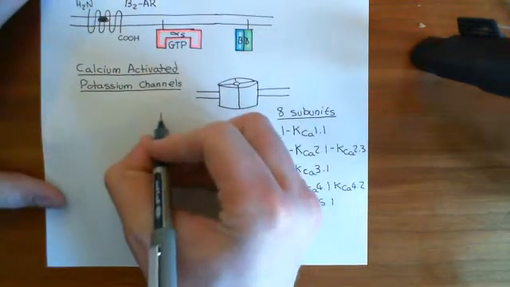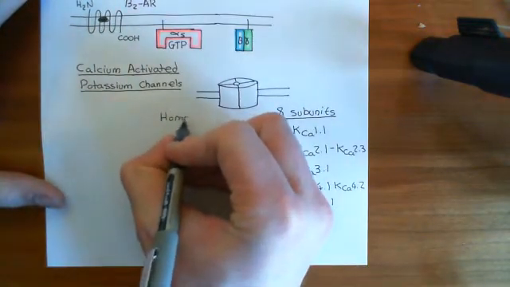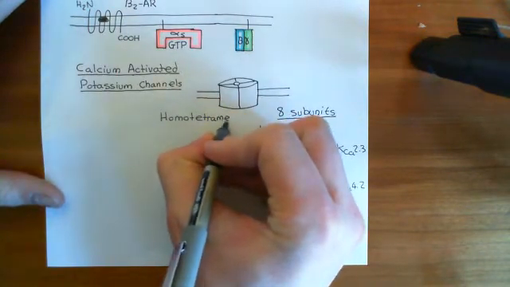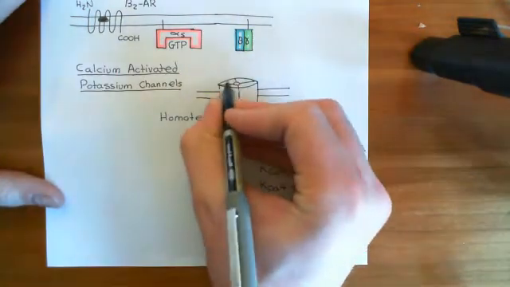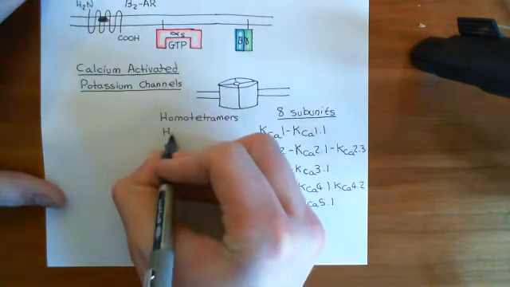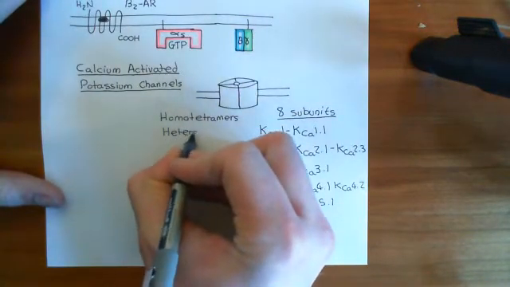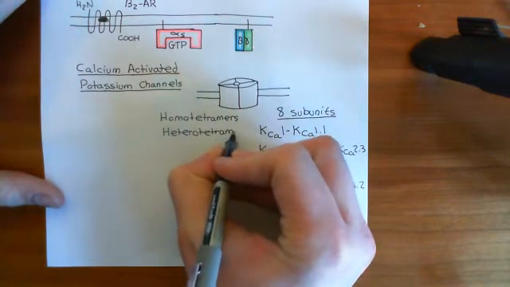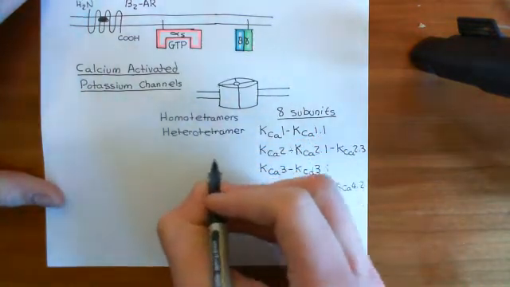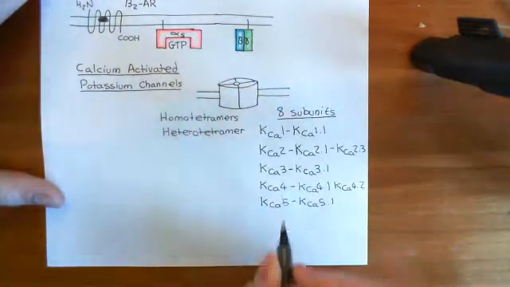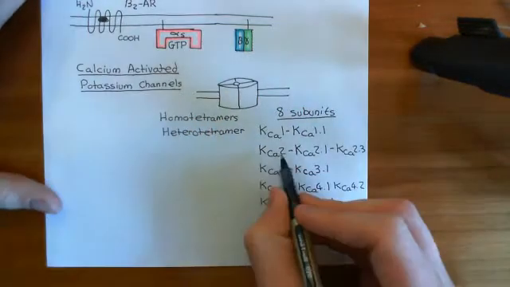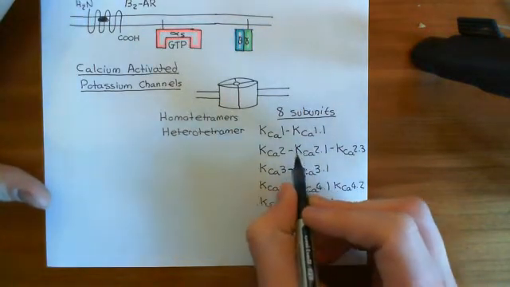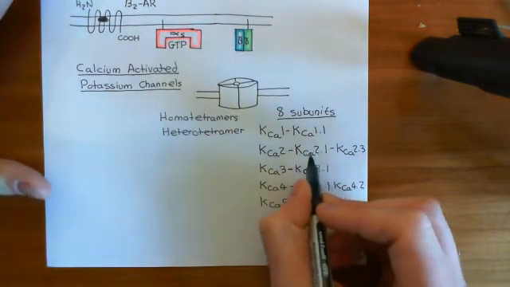Homotetramers mean that you use the same subunit in all 4 slots. Heterotetramers mean that you mix and match, so you'll have multiple different types of calcium activated potassium channel subunit in the same channel. But you don't generally mix between families.